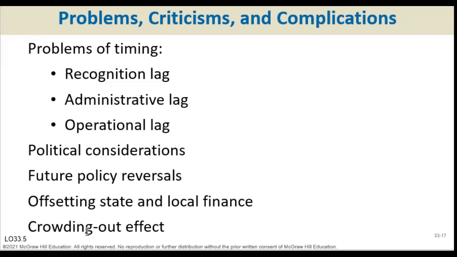On the other hand, we have also the crowding out effect. Right, the crowding out effect happens with government deficit spending. It may increase the interest rate on the investment market, and consequently, it will reduce private spending, because private business won't be able to compete with the government in the investment market.